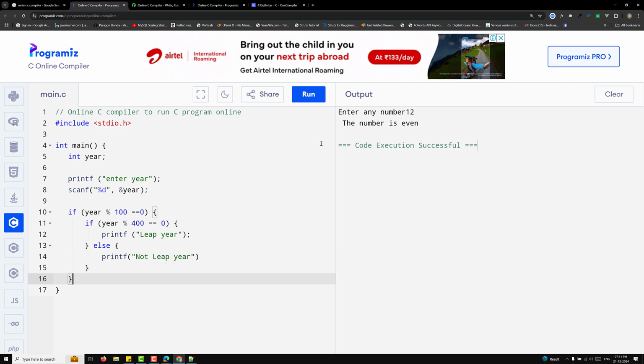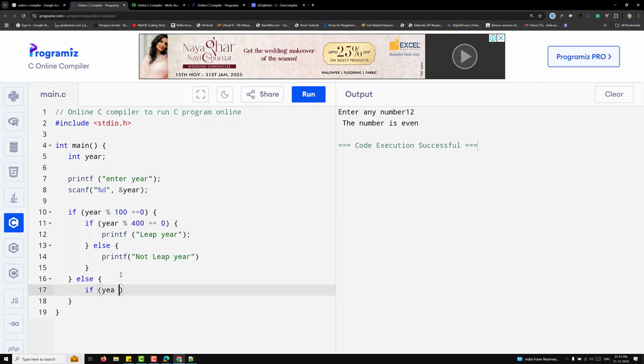Okay, so now one if condition is finished. For example, if year mod 100 is not equal to 0, then we need to check else, and here we can write else if year mod 4 is equal to 0 or not, we will try to check it.